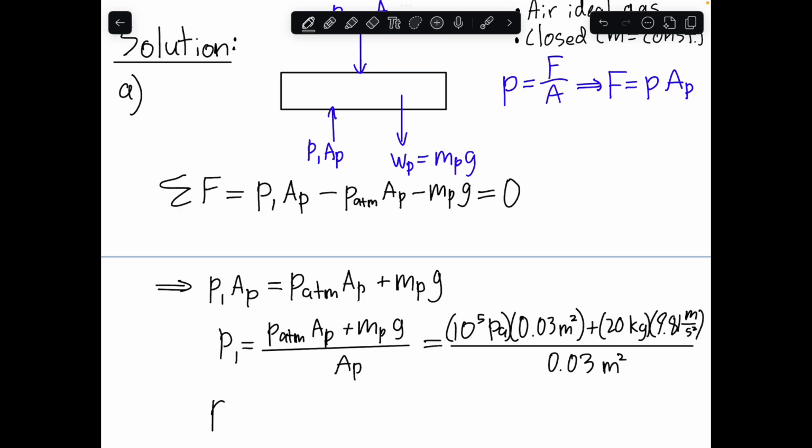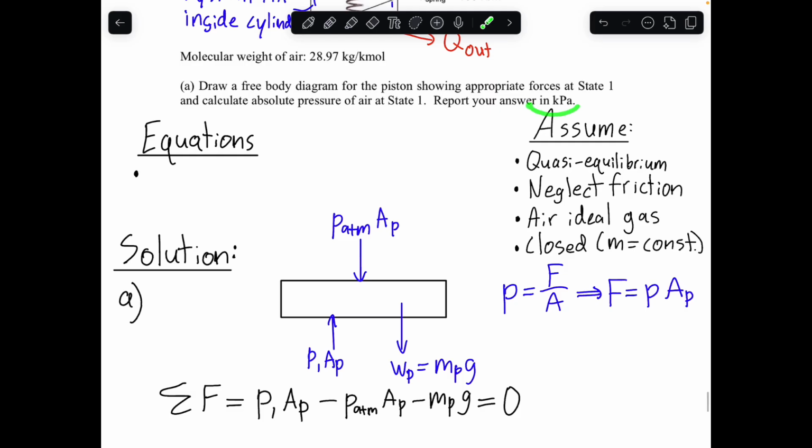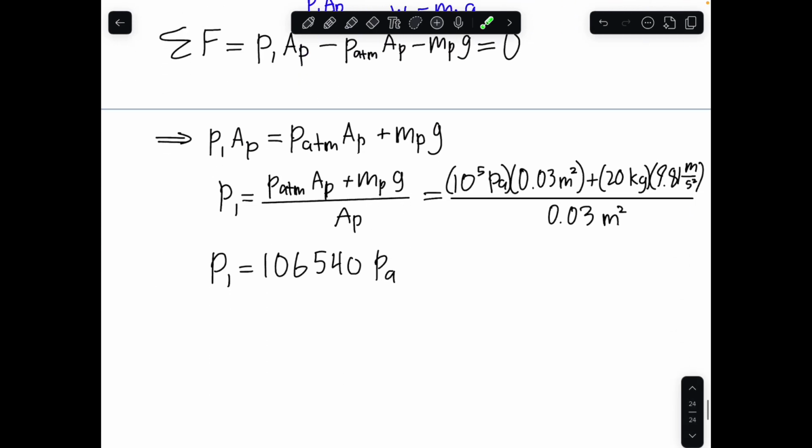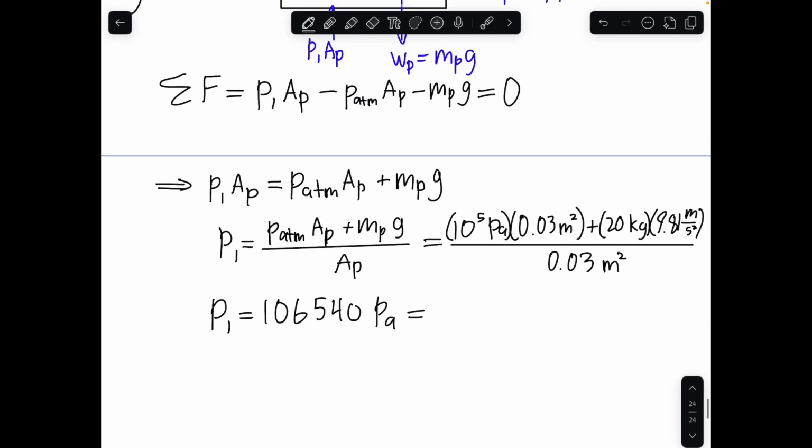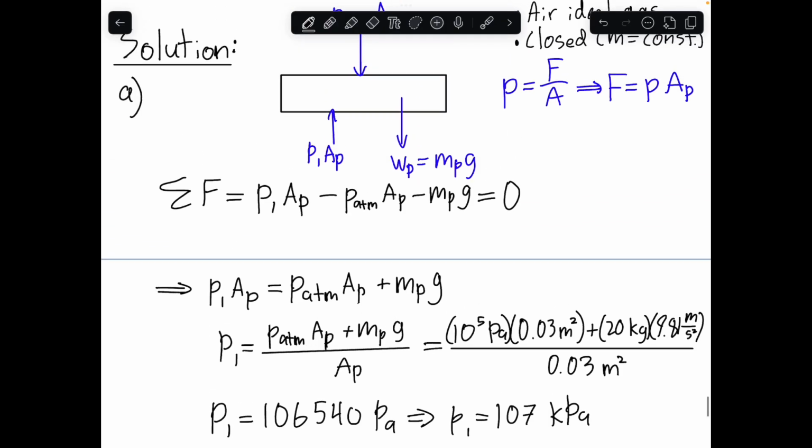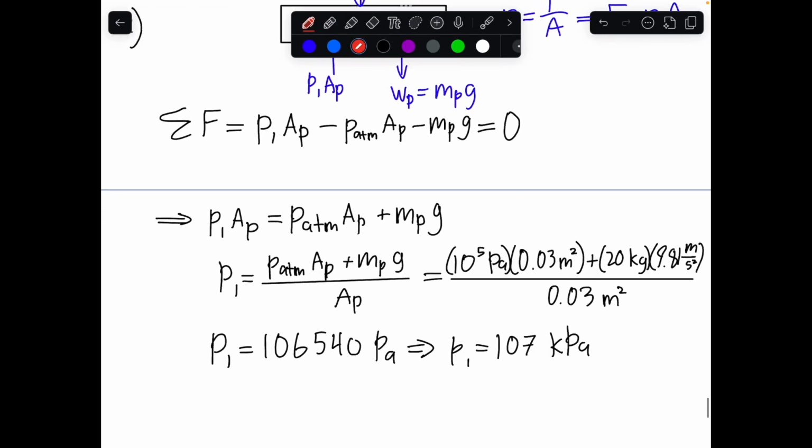So if you plug that all into your calculator, you should get P1 is equal to 106,540 pascals. But remember, it asks for our answer in kilopascals, so we can just say that P1 is equal to 107 kilopascals. And this will be our final answer here for part A.